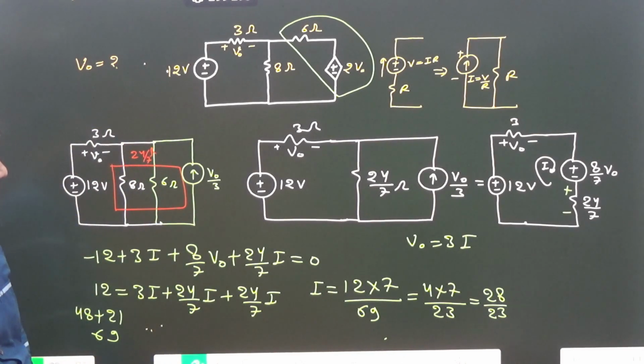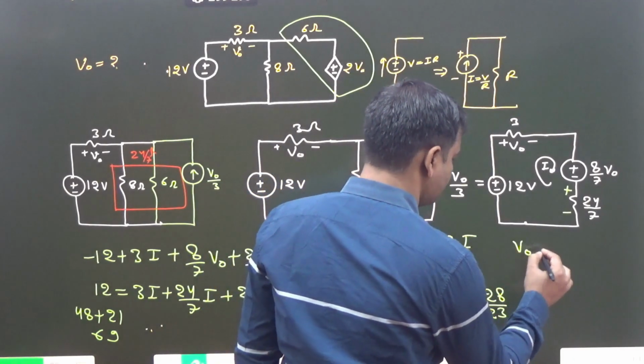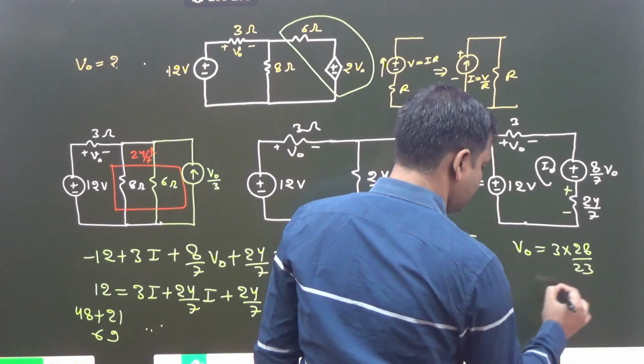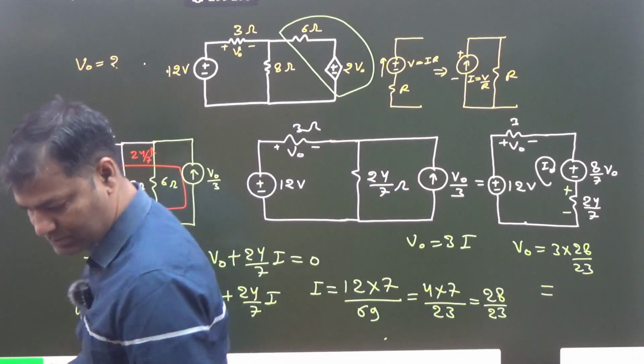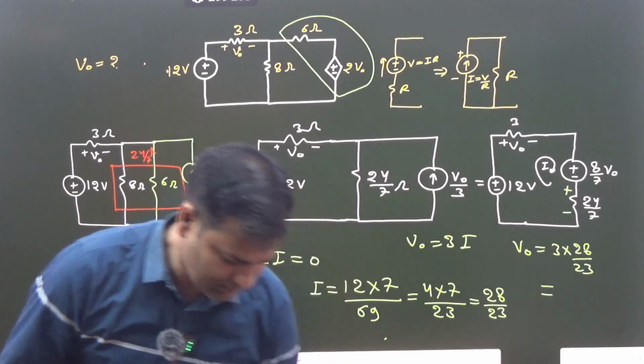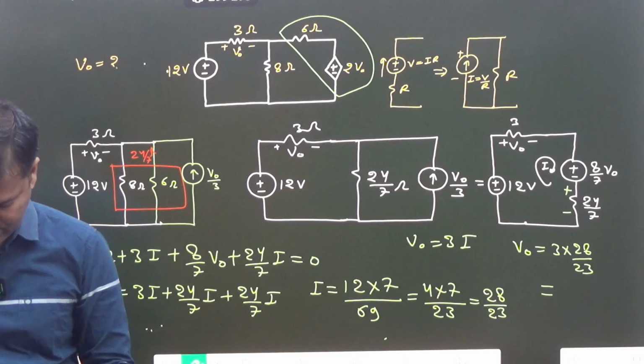Okay, this is I, not V naught. So V naught is how much? V naught is equal to 3 into I, that is 28 divided by 23. Okay, using the calculator, then find the answer.